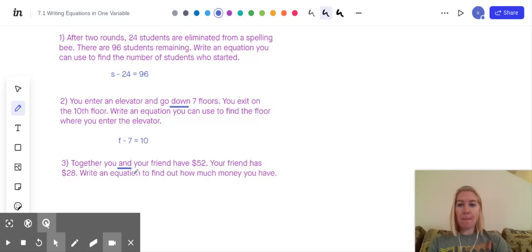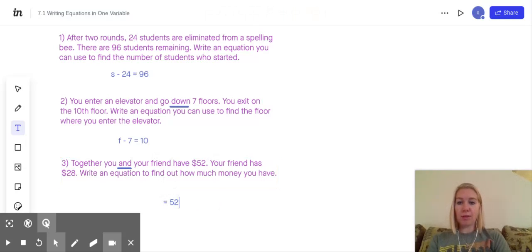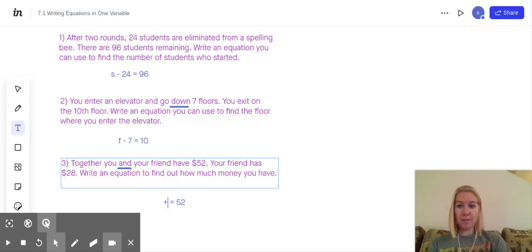Okay. So we know that we have a total of $52. So equals 52. Now, what do we know? We know that 2 of us have money and they both equal 52. So that means, right? We decided that and was plus.